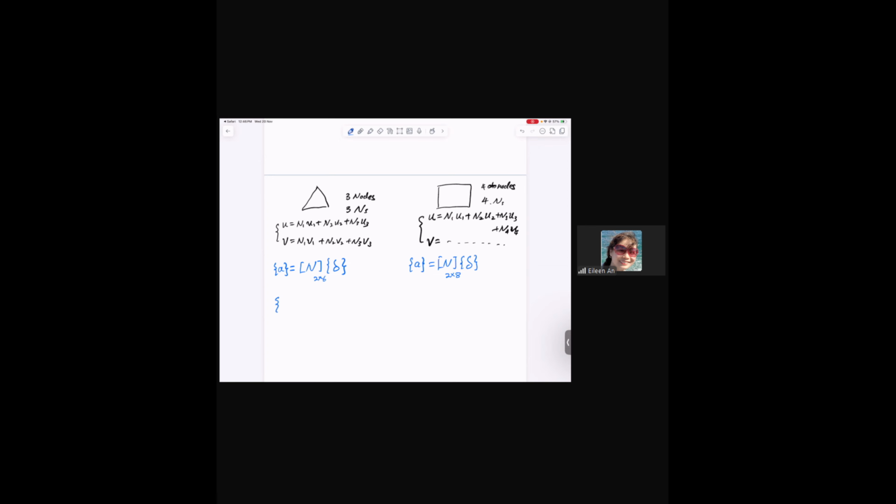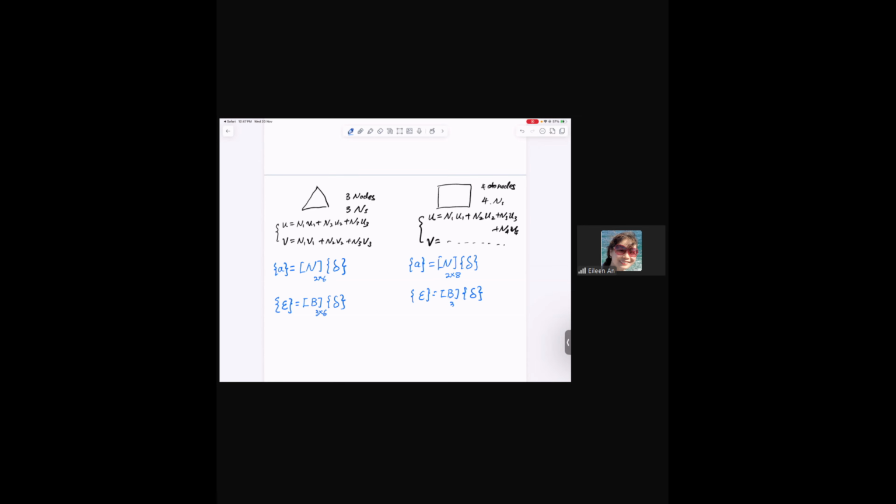And to calculate strain, we need to use B matrix multiplied by the node displacement matrix. The same, strain equals B times the node displacement. And for triangle element, B matrix is a 3 by 6 matrix.